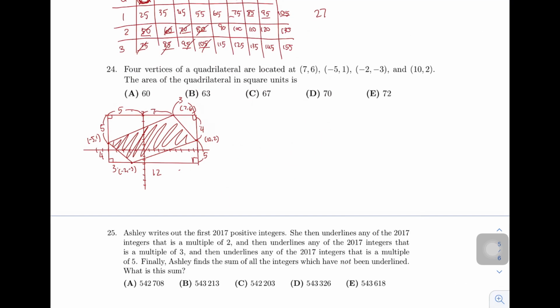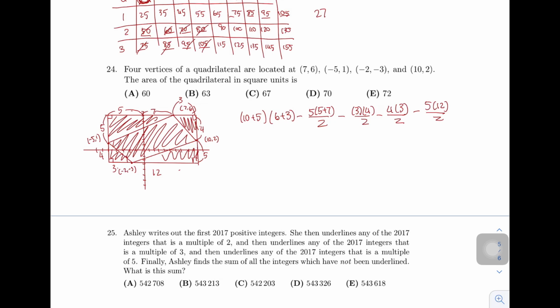Okay, so then I'm going to have the area of the entire rectangle, which equals (10 plus 5) multiplied by (6 plus 3), and subtracted by 5 times (5 plus 7) divided by 2, this triangle, minus 3 times 4 divided by 2, which is this triangle, minus 4 times 3 divided by 2, this triangle, minus 5 times 12 divided by 2, this triangle.